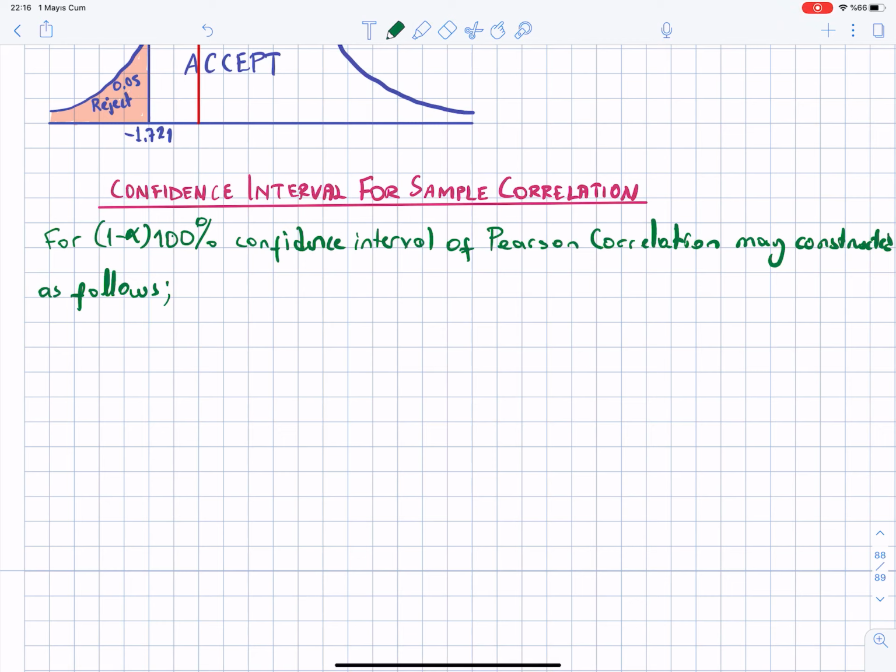You have the sample correlation r minus the critical value.